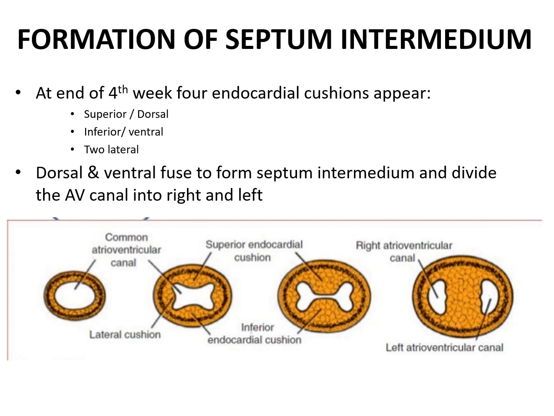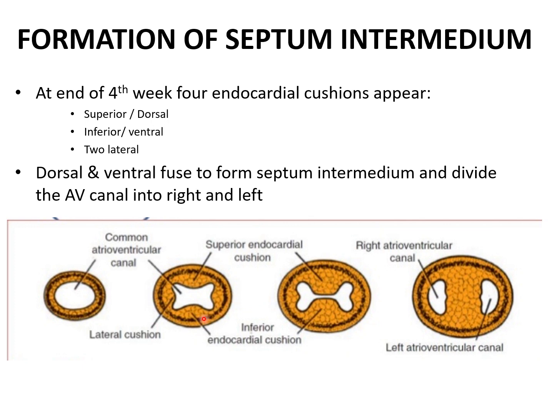As I told you, when septal formation in any part of the heart starts in the fourth week, similarly here also, at the end of the fourth week, endocardial cushions appear within the atrioventricular canal, which is a common canal, and there are four cushions, as we can see here: superior, inferior, right, and left, or we call them lateral cushions.